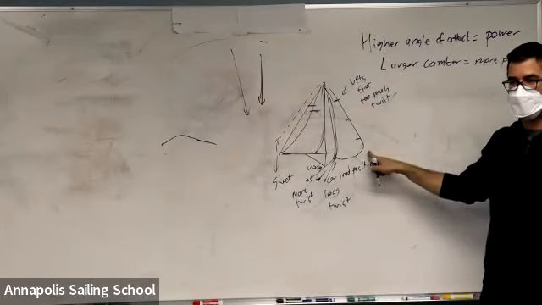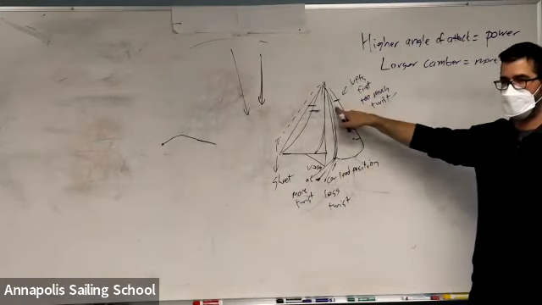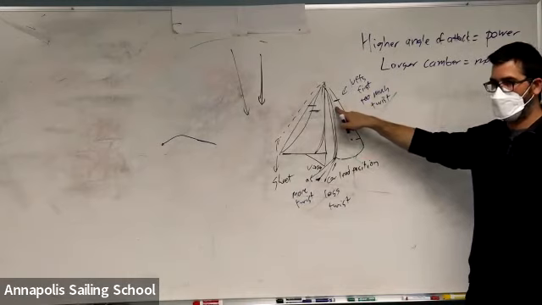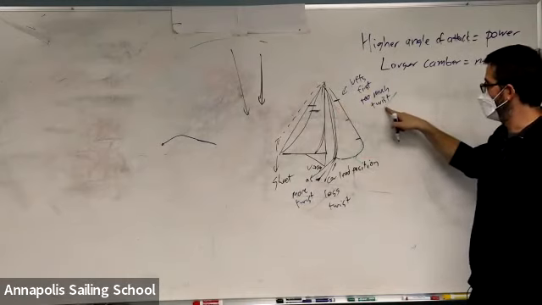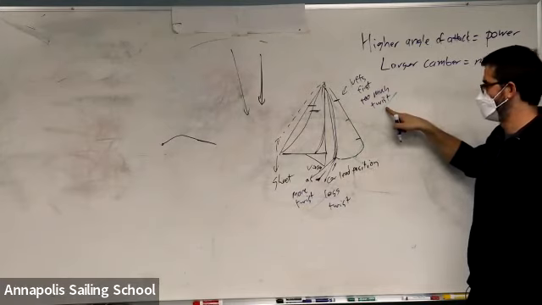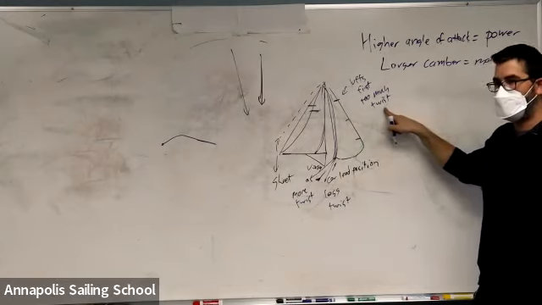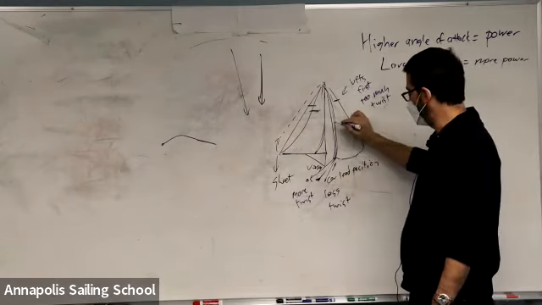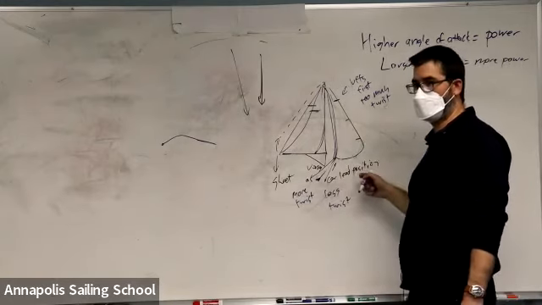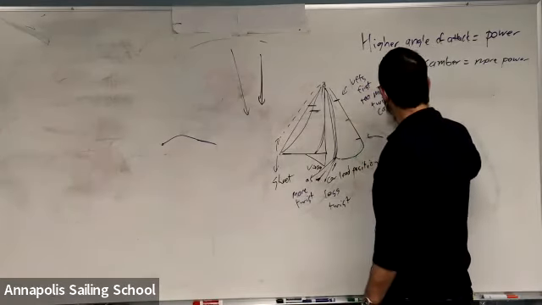That means you need to trim the top of the sail more. And by luffs, I mean you lose the outside telltale, so both will go together, or the inside telltale. So that means you need to trim the top more. The way you trim the top more is by pulling the sail down. That's car forward.